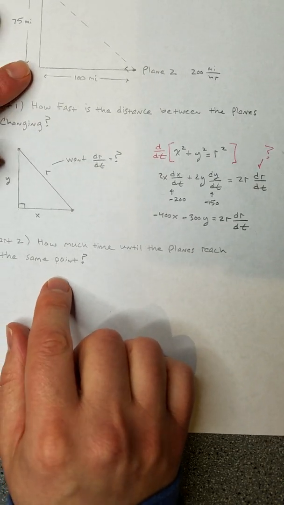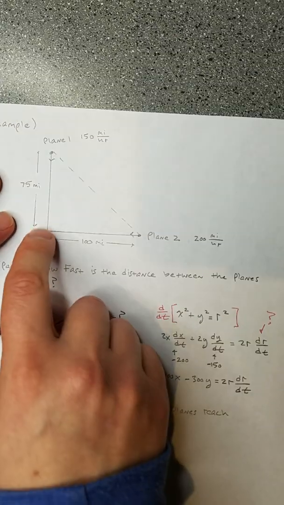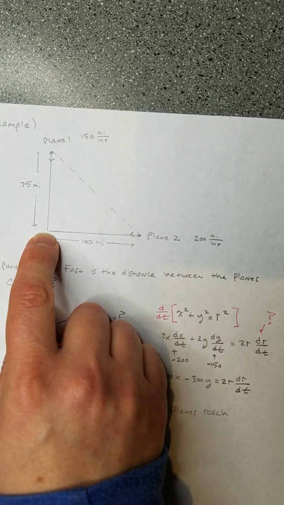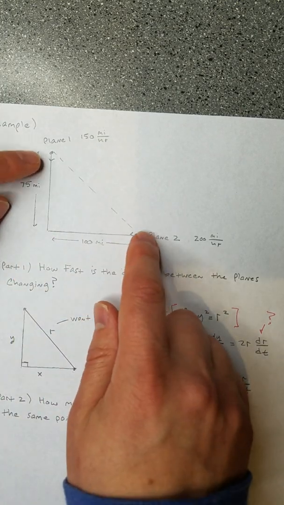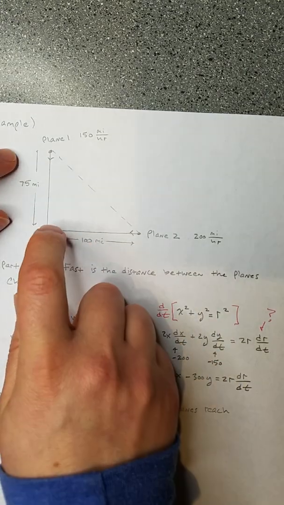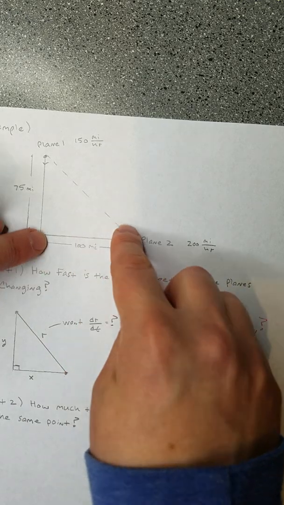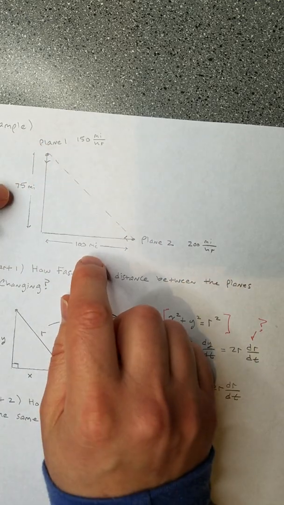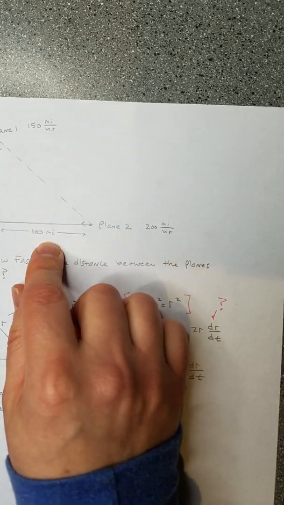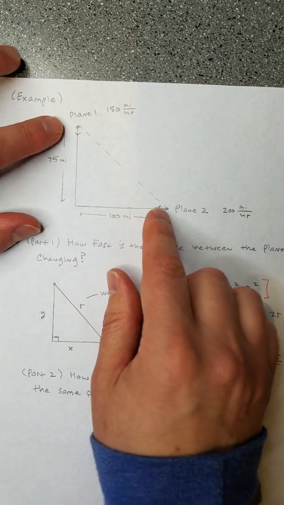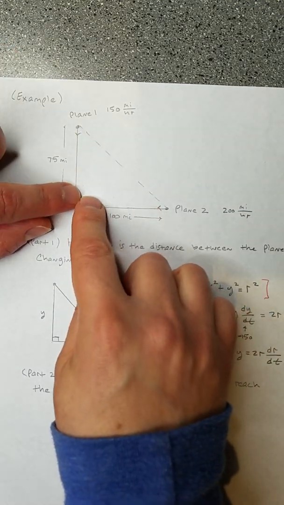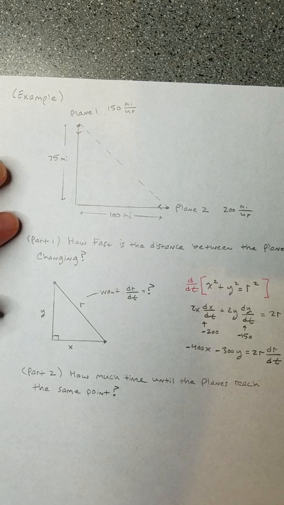In other words, what I'm trying to ask there is, will they reach this point at the same time? Because that would be bad, all right? If they're flying at the same altitude towards each other, it's not like this one's going to fly past that one. Maybe it will, maybe it won't. According to their distances and according to how fast they're moving, will they reach that spot at the same time?